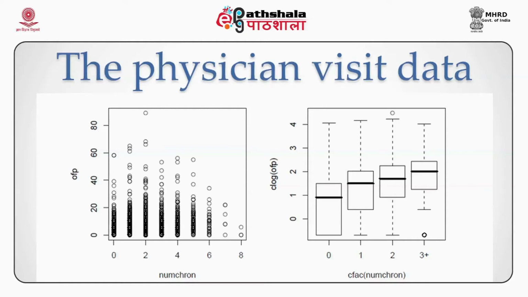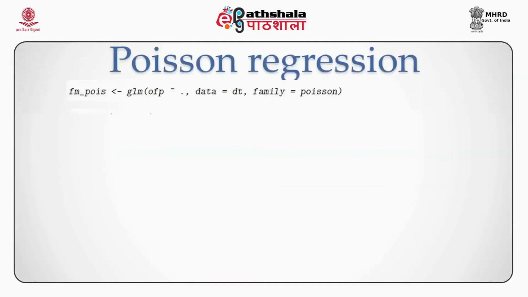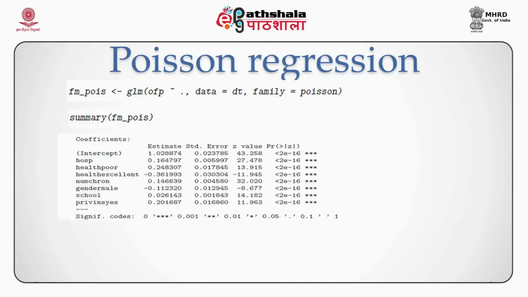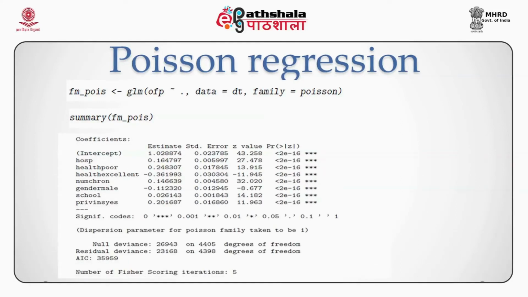However, here we have conducted the first step by fitting a usual Poisson regression using the GLM command in R. So we fit GLM of the number of physician visits on the covariates, and we say family equal to Poisson. So this fits the usual log linear Poisson regression model.